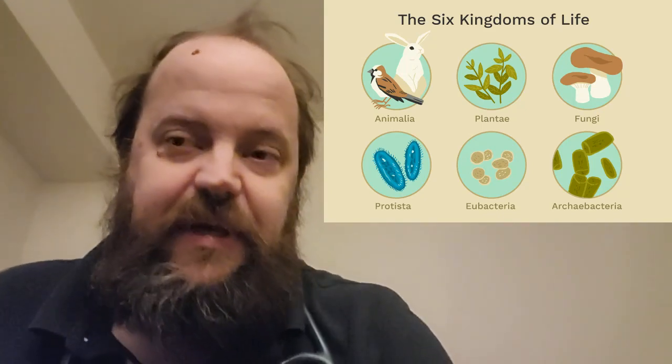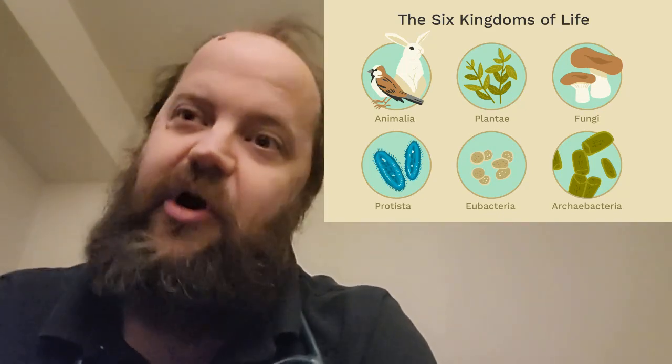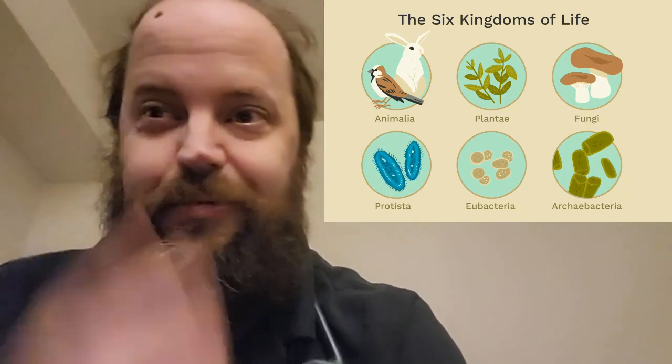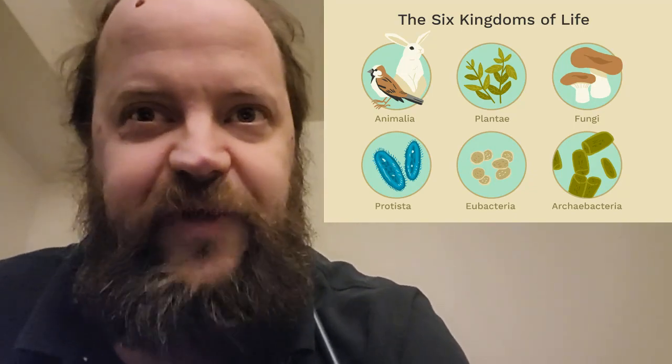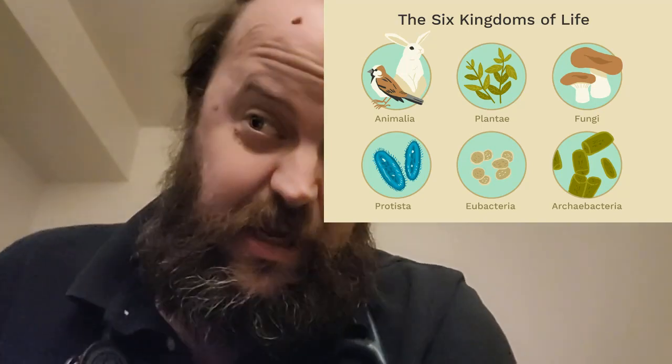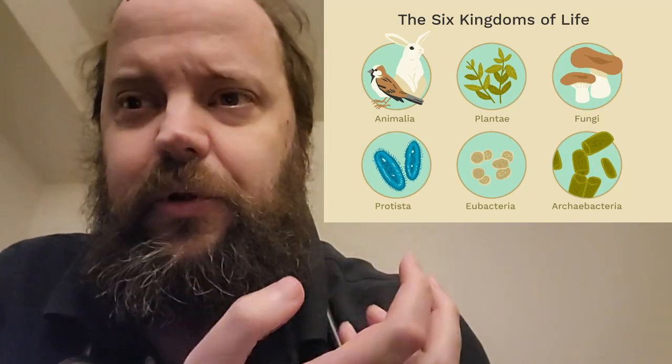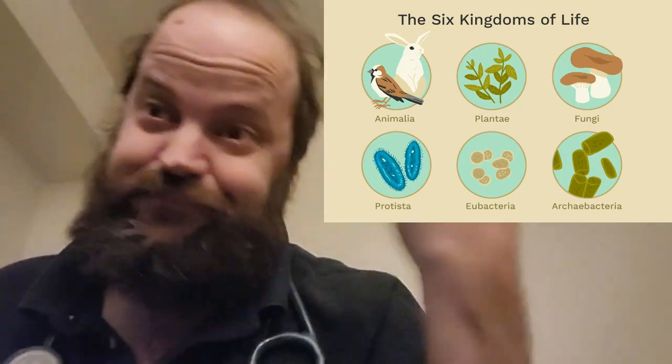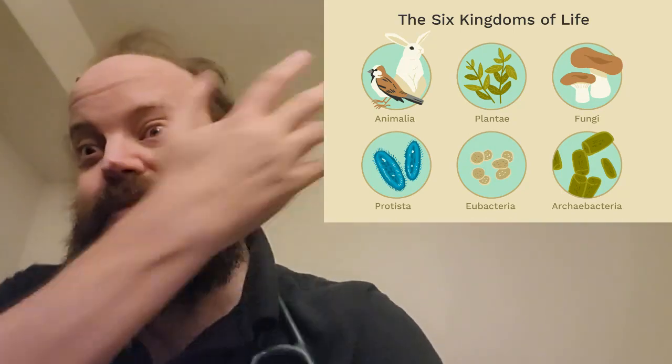Then there's Protista, which is kind of a garbage can category for anything they couldn't figure out where to fit. Cells that have, like plants, chlorophyll, but they move, and they're single-celled. They have mitochondria.